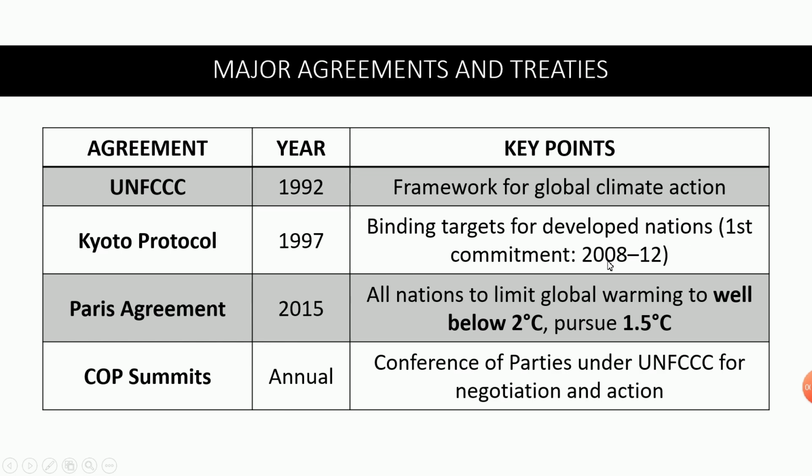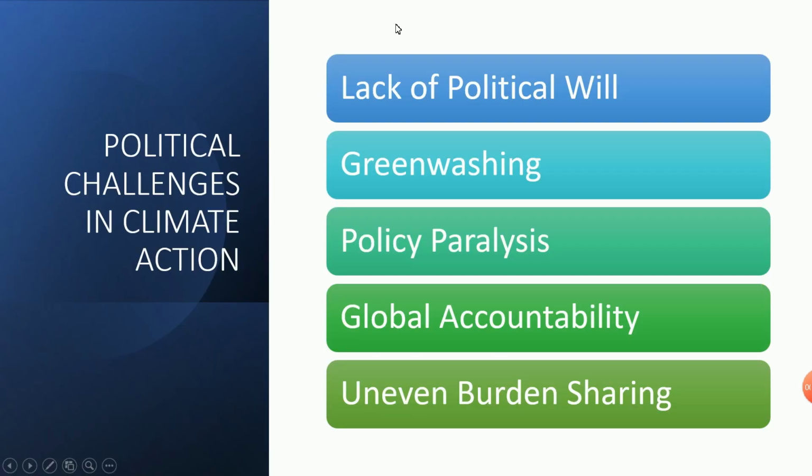The first commitment period was 2008 to 2012. Then the Paris Agreement 2015. See here, this is the main thing: all nations to limit global warming to well below 2 degrees Celsius, and pursue 1.5 degrees Celsius. Then the COP summits, which are held annually. The Conference of Parties under the UNFCCC is for negotiation and action. So these are the major agreements and treaties formed throughout the world.